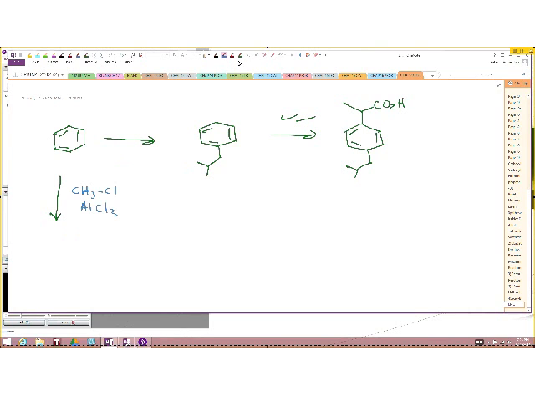And then you get that. Keeping in mind that what I want to do now is functionalize this carbon here. So I will react that with NBS. What would that give us?